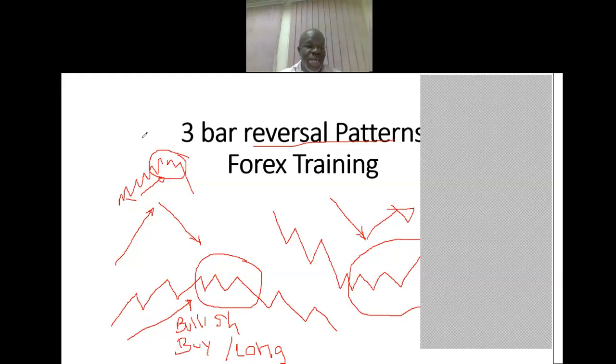So you will see that the patterns in the charts will start behaving differently from what you are knowing. So on an uptrend, we know that the market comes from a low to a higher low. Then it goes down to a higher low. Okay. Sorry, a lower low. This is a lower low, not a higher low.